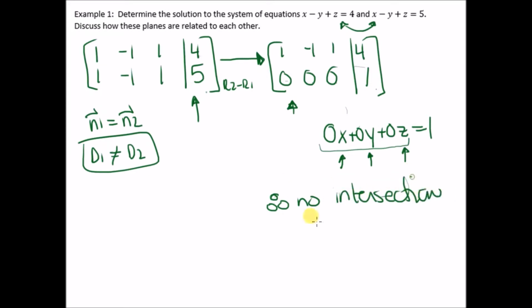I don't want to say point of intersection because two planes will never intersect at a point. It's either going to be a line or plane or no intersection. So I'm just going to write no intersection. I showed you that algebraically, I showed you it simply using the normals, and I will continue to show you both methods.